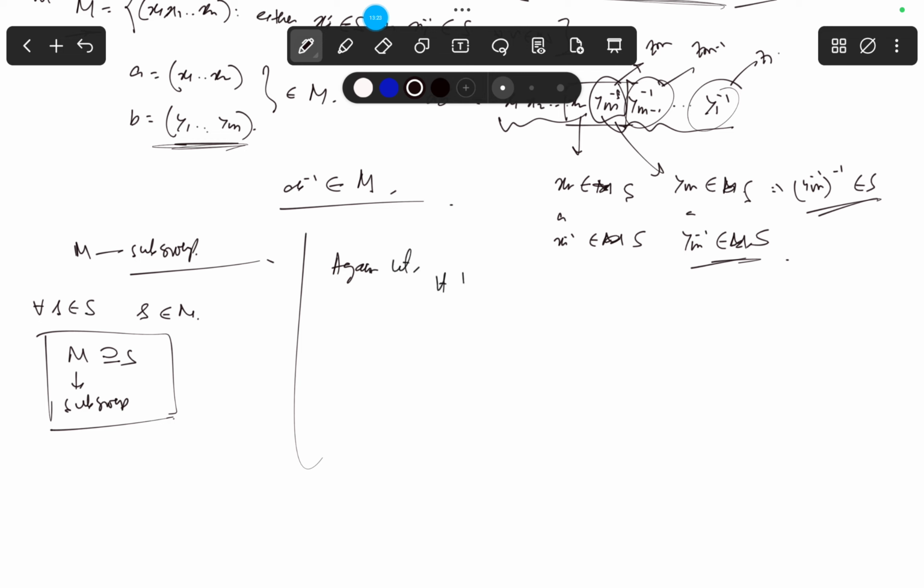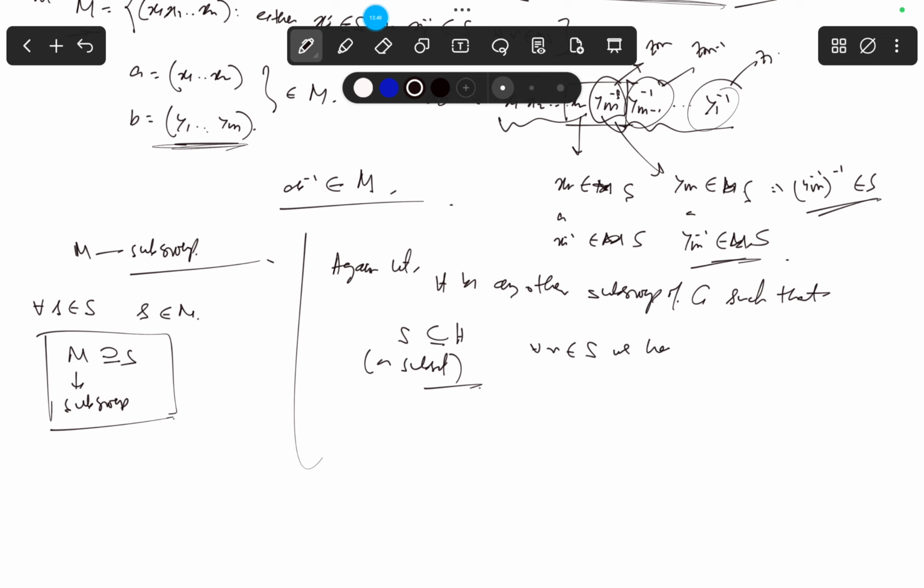Let H be any other subgroup of G such that H contains S as a subset. Then of course for all x belonging to S, x belongs to H as well as x inverse belongs to H.